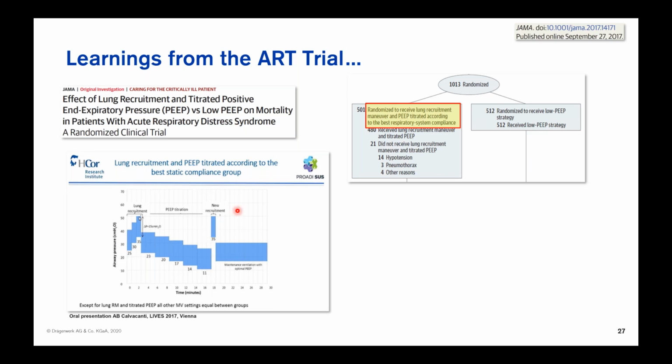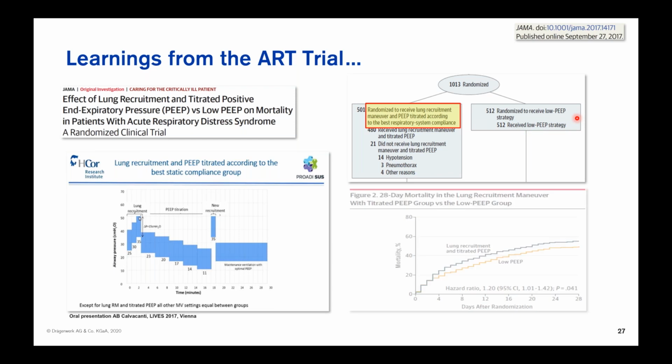That was the study group, and the control group just received the low PEEP table of the ARDS network protocol. However, in this study, it was found that the treatment according to the study protocol resulted in a higher mortality by 6% after 28 days after randomization.